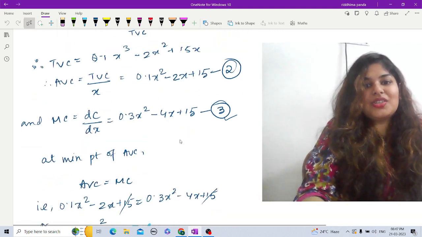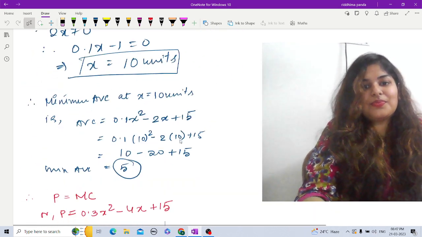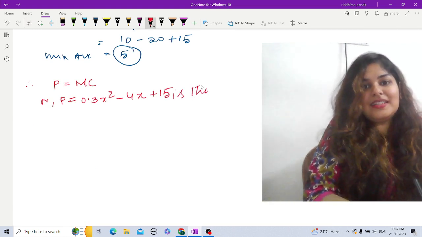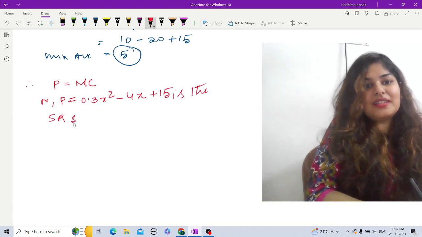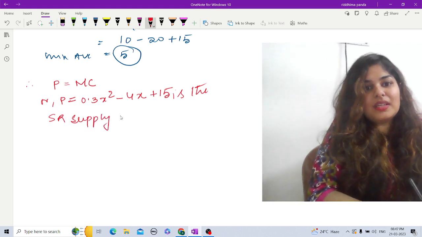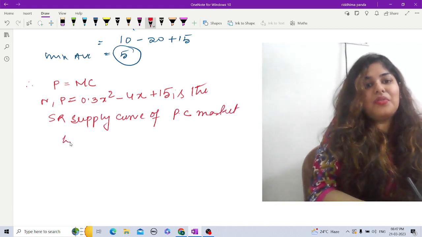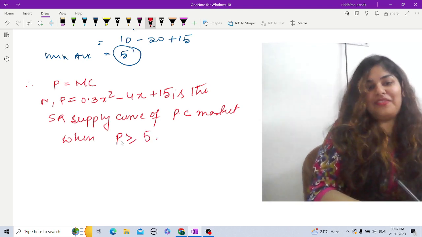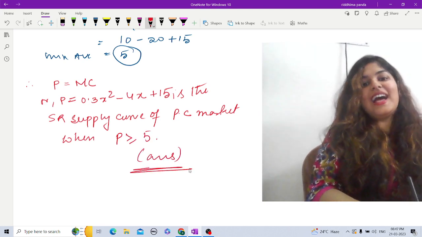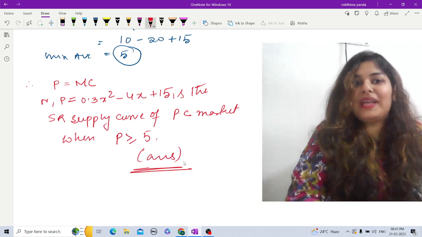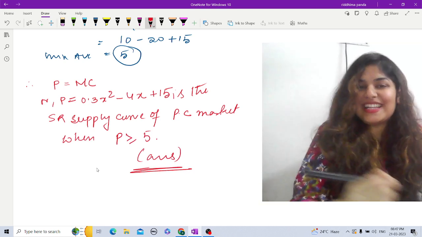Correct. So this is the short run supply curve of a perfectly competitive market when P is greater than or equal to 5. And this is the answer. What will happen if it is less than 5? Then obviously the supply will be 0. That's the answer.